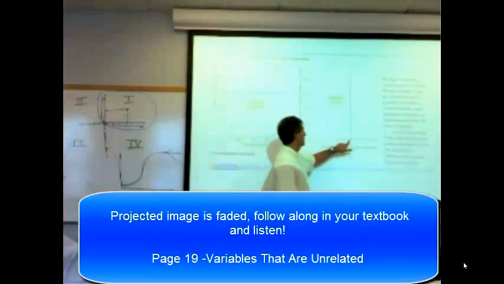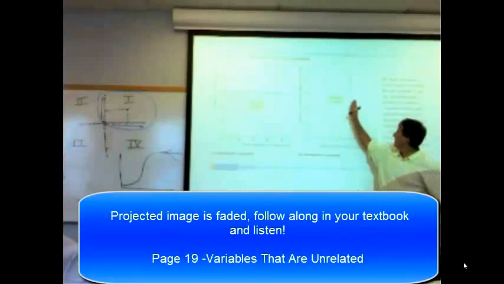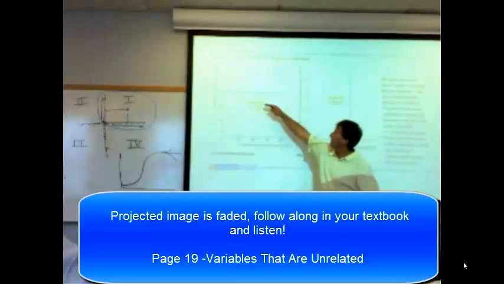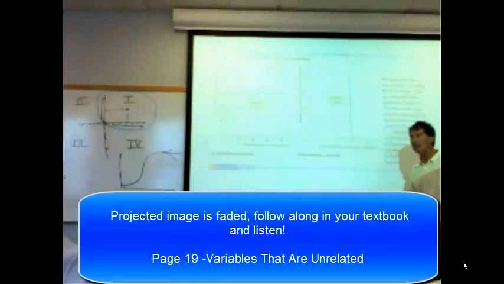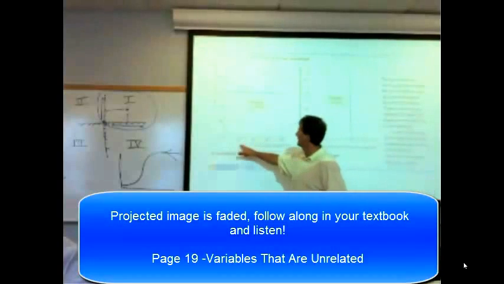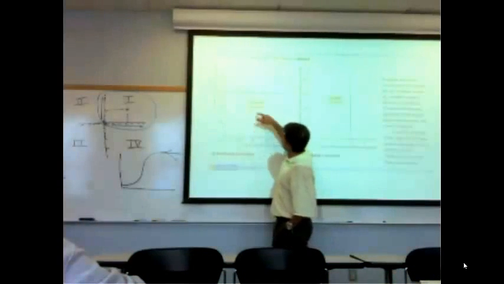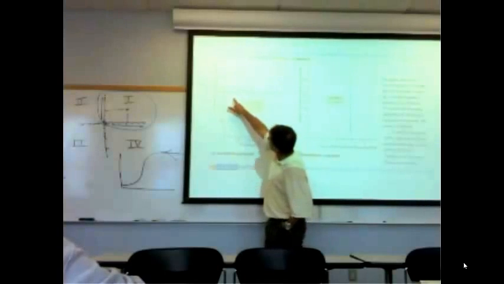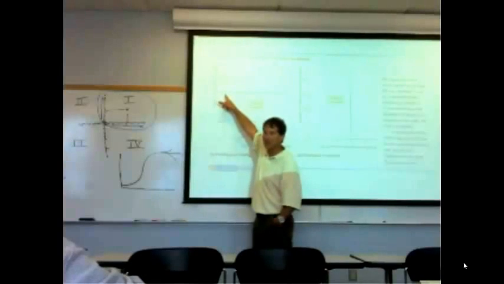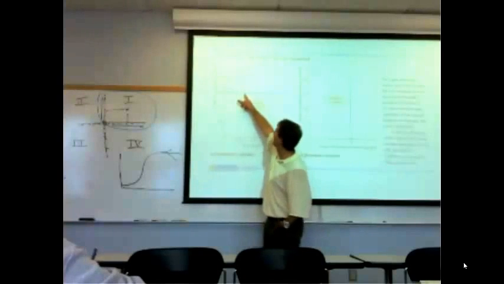Unrelated. When you see things with a straight line, the two variables aren't related. It doesn't matter what the price of bananas is. If bananas go up, your grade in economics is going to stay 75%. Right? Your grade in econ is independent.